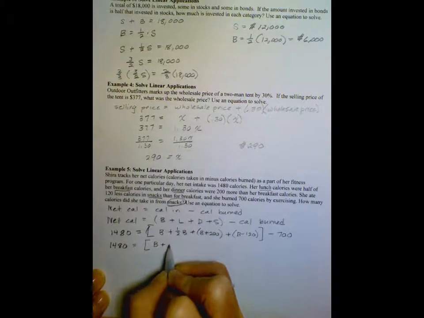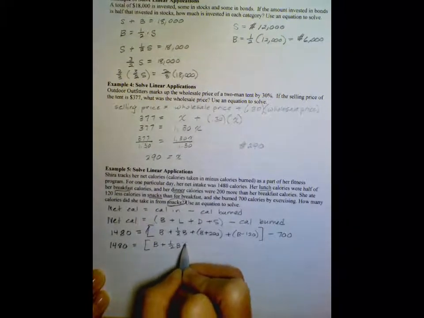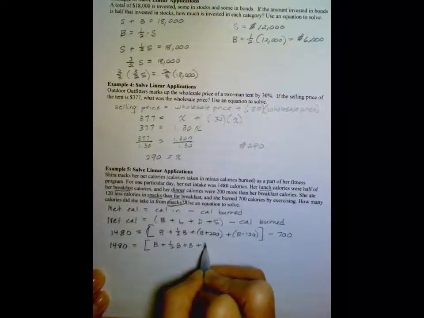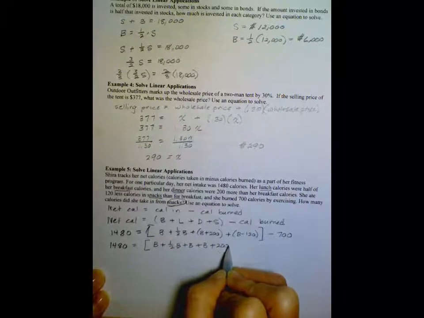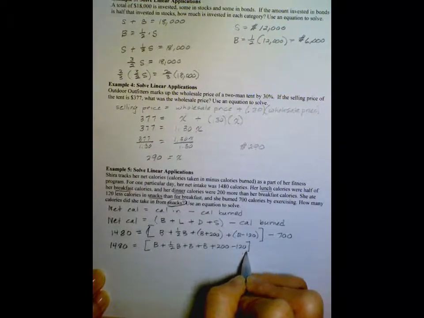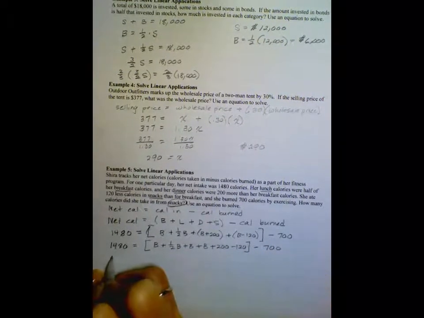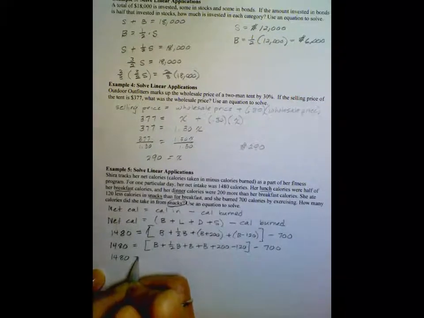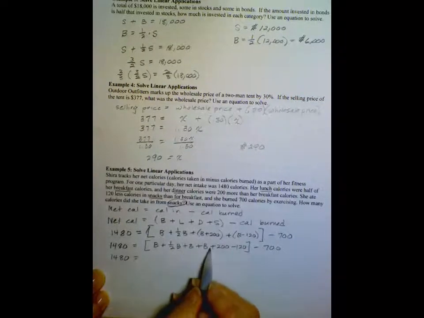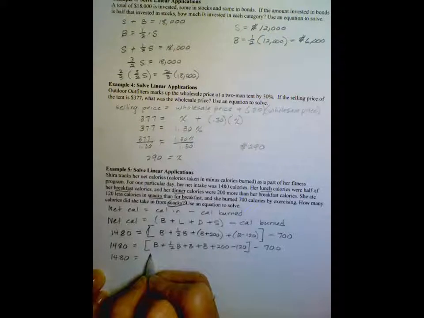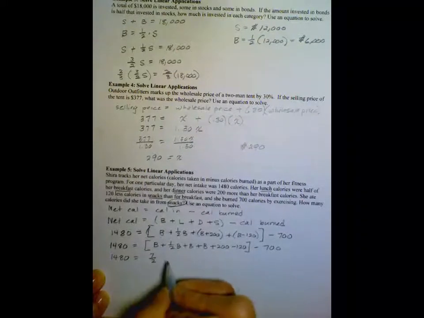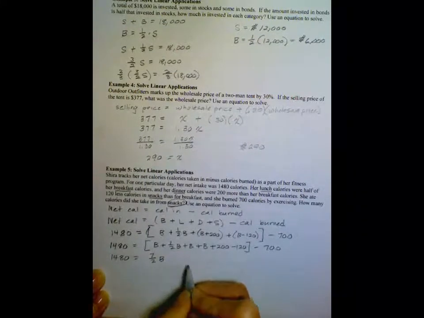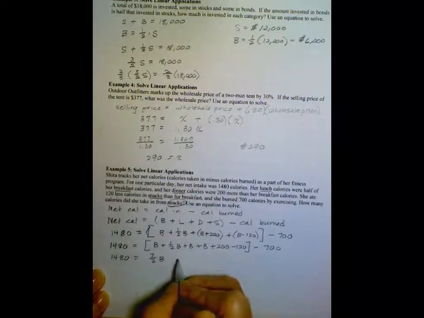I've got a B, I've got a half of a B, I've got another B, and another B, and then I've got 200, and I've got minus 120. Just getting things in order. Now I'll simplify. All the B's add up. I've got 1, 2, 3 plus a half. So that would be 7 halves. 3 and a half is 7 halves B. And 200 minus 120 is 80.